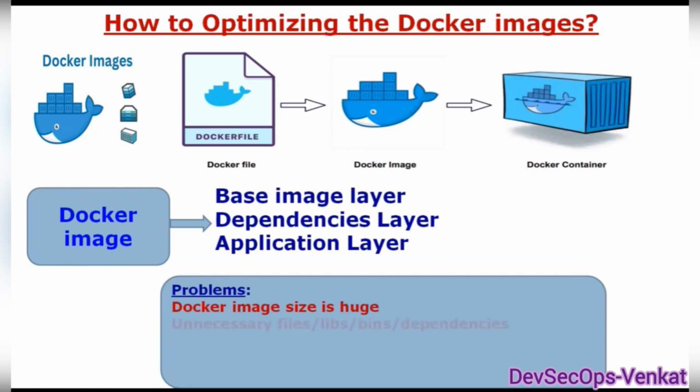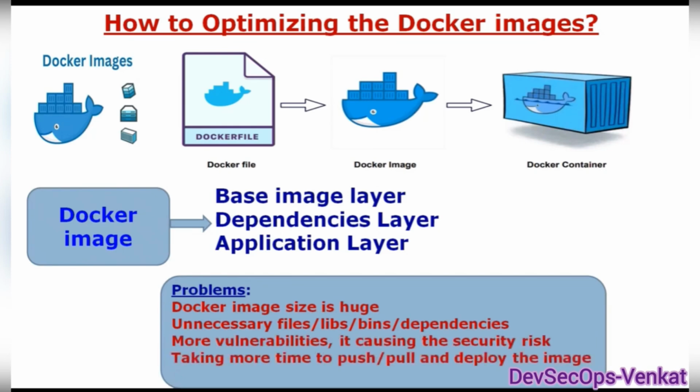So if the size of the Docker image is less, it has fewer vulnerabilities, and we remove the unnecessary files and unwanted layers, all this process we can call optimizing the Docker image. And that's exactly what we are going to learn and see in this video. So here are the problem statements we have seen.